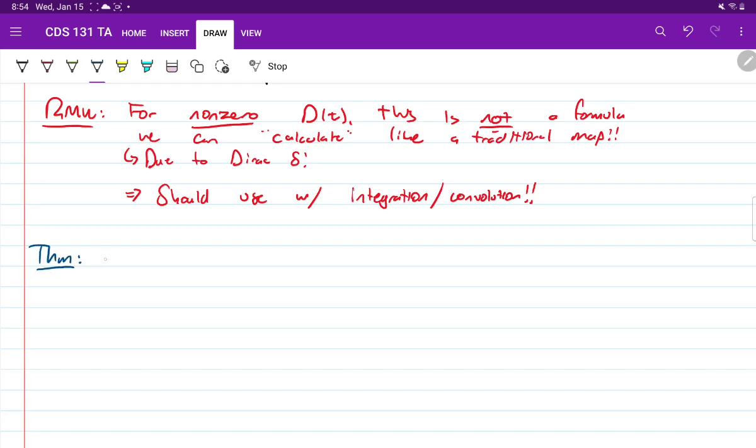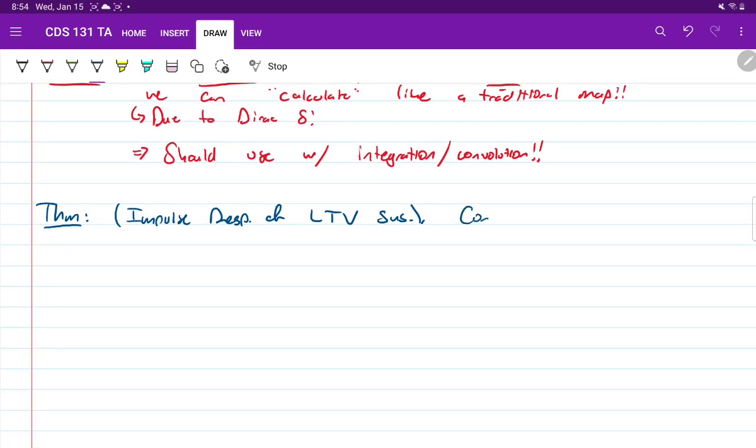So what this theorem says is the impulse response of a linear time varying system. Consider a continuous time linear time varying system with impulse response map H, and this takes in two arguments, t and t naught.